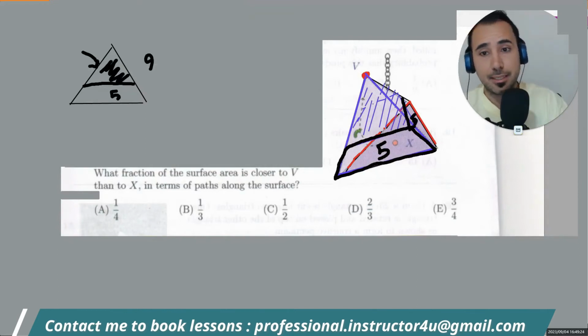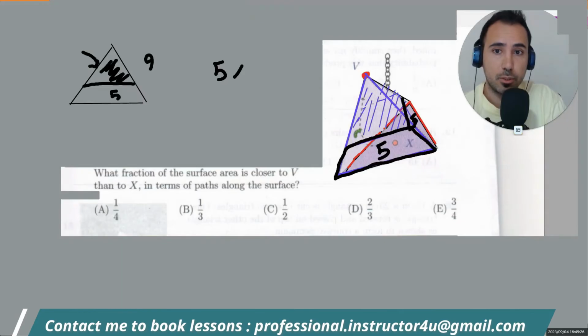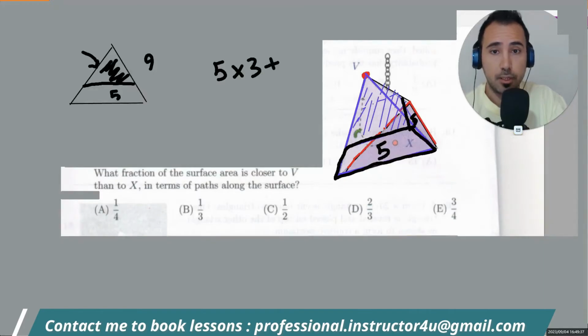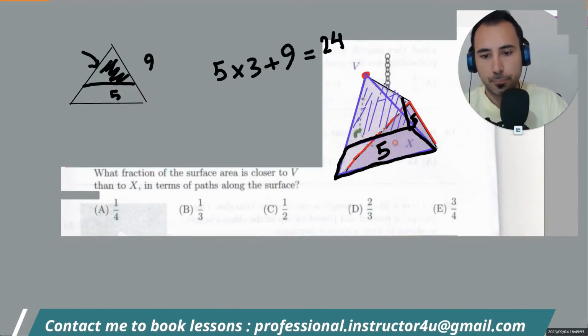On the back side there's going to be 4, the ones that will go to X. We have 3 of these. Plus, if it was on the bottom face, the red one, it would directly go to X. So the portion of the area that would go to X is going to be 15 plus 9, 24.